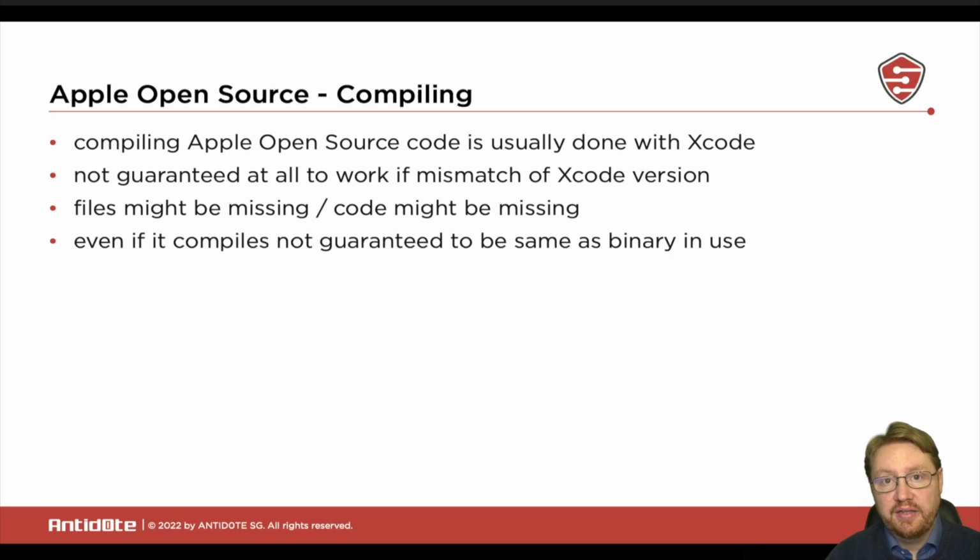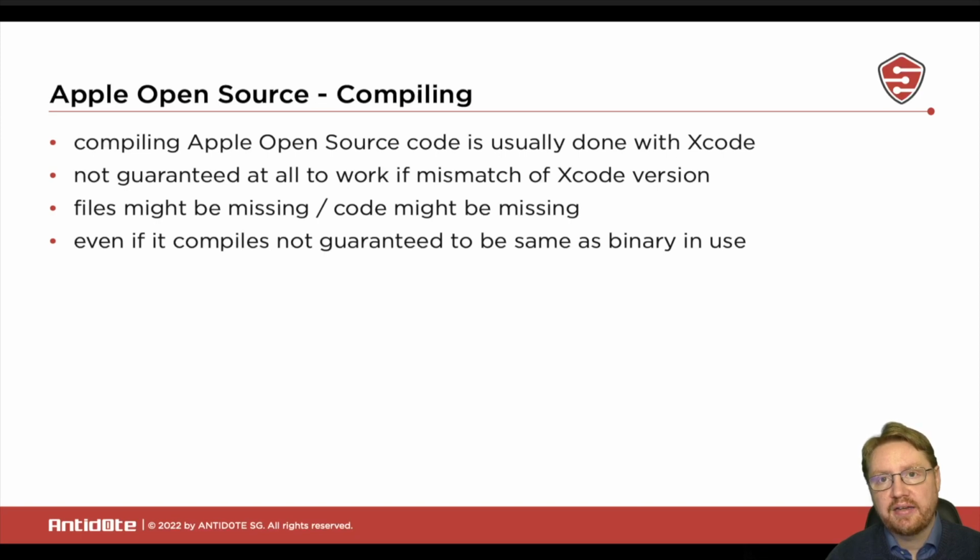And finally, if you manage to compile something out of the box, there's never a full guarantee that the binary that you produce has all the features that the original binary has.